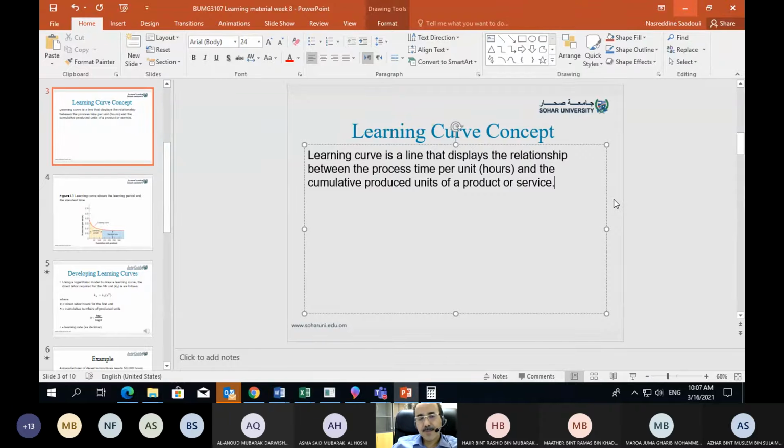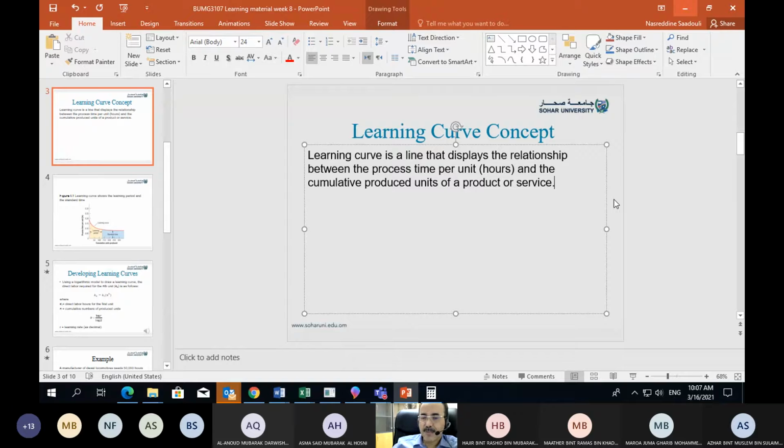Because if I base my estimation on the time it took me to make the first unit, I will be significantly exaggerating, because as we said, the first time you make the product or deliver the service, it's going to take much more time than when you repeat this over and over.